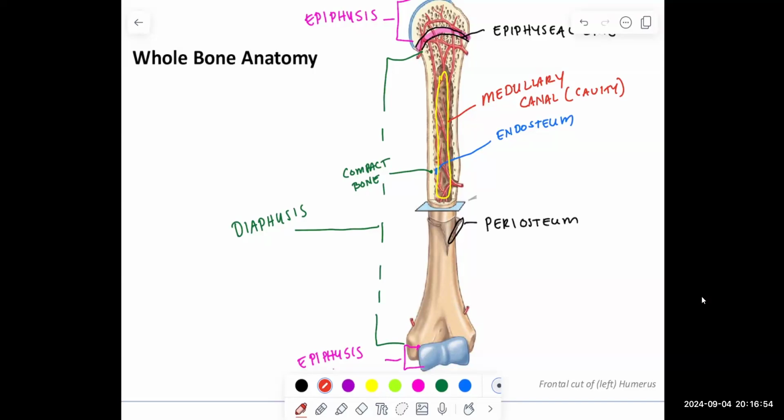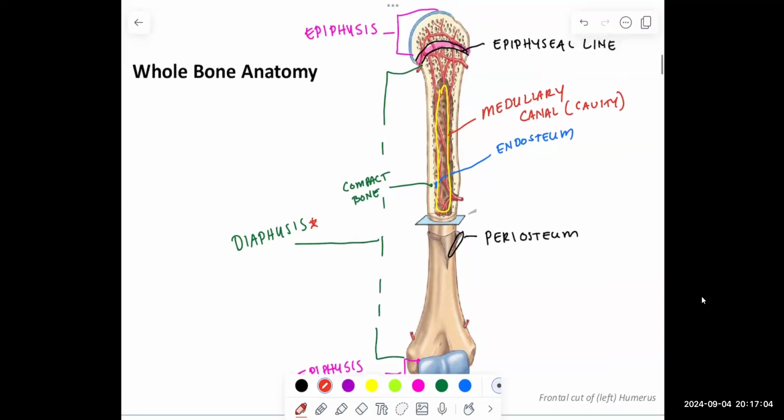The medullary canal is specific to the diaphysis. Only found in the diaphysis. The epiphysis does not have the medullary canal, but what the epiphysis has is it's made up of a lot of spongy bone. So most of it is going to be made of spongy bone.